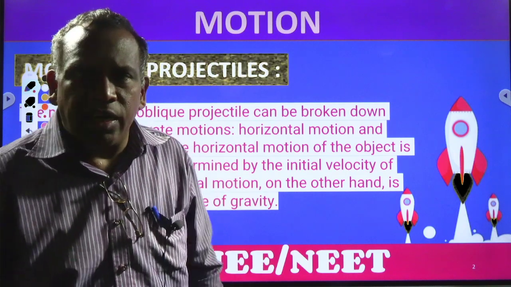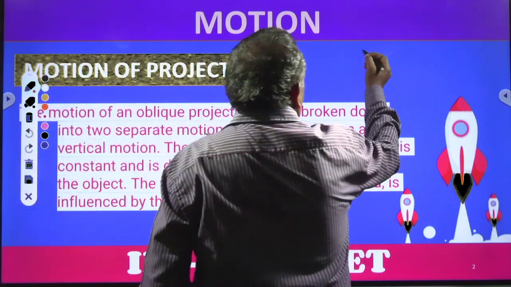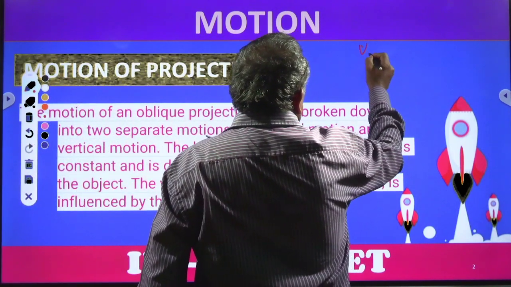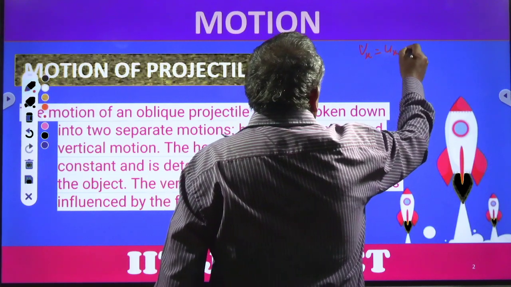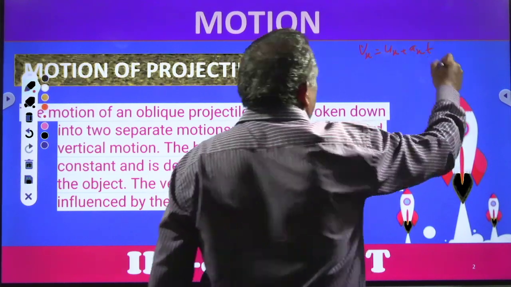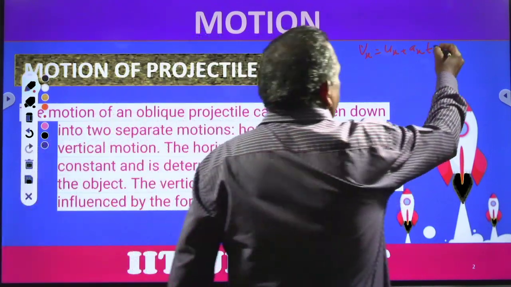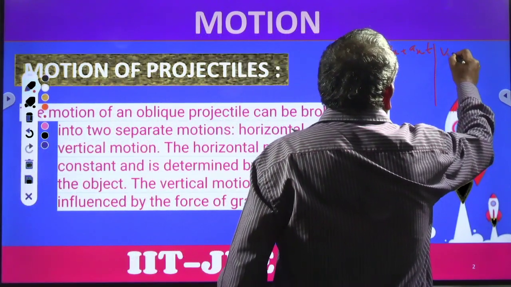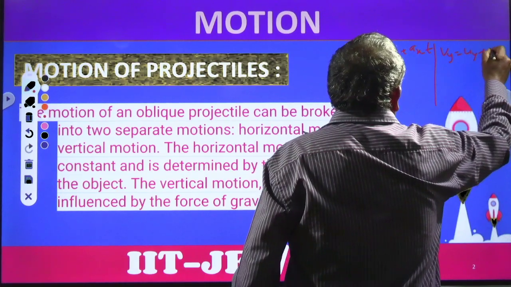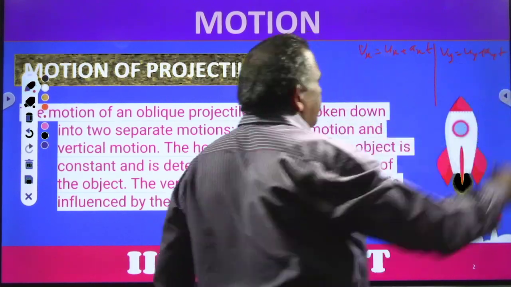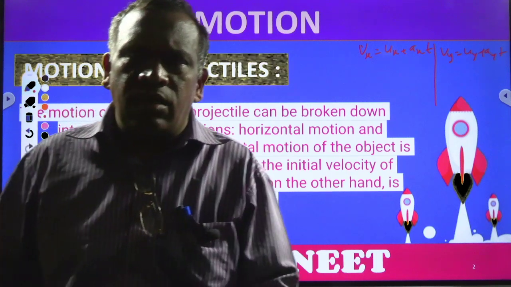There are two different equations we are going to consider here. Vx is equal to ux plus ax into t; this is along the horizontal direction. Similarly, Vy is equal to uy plus ay into t; this is in the vertical.